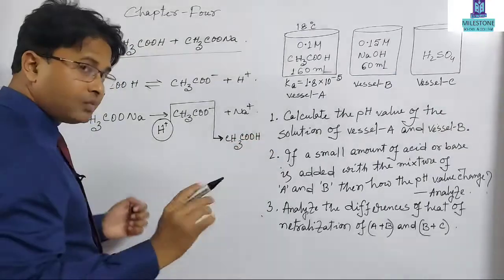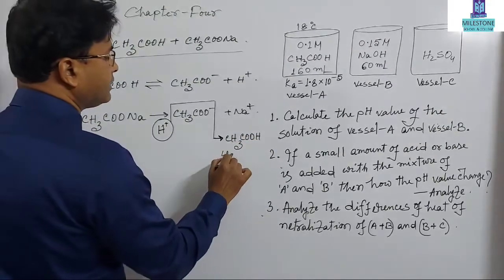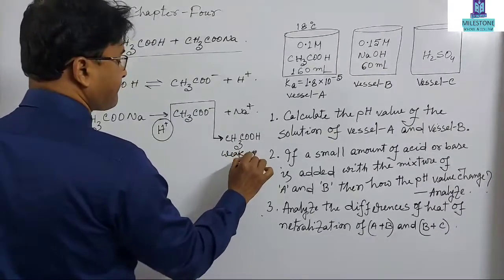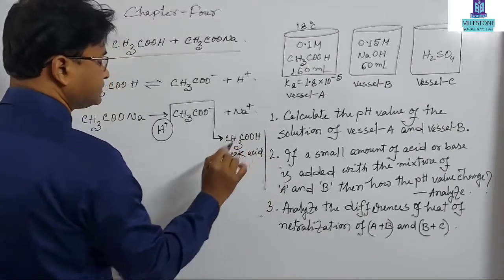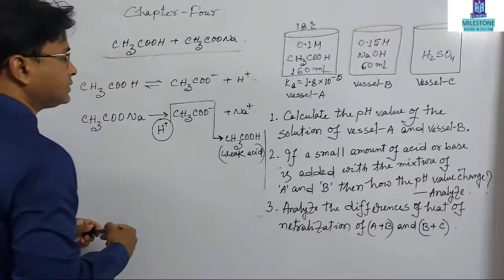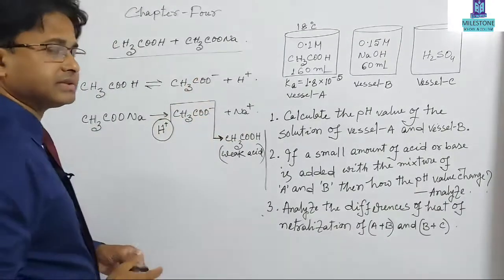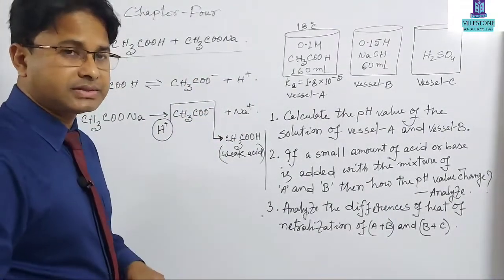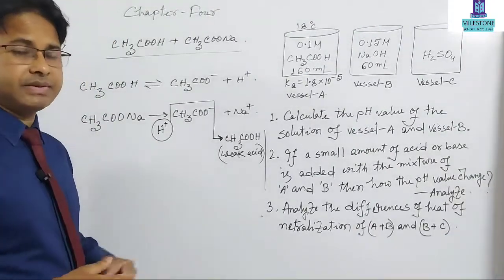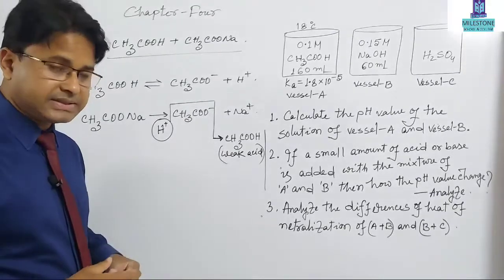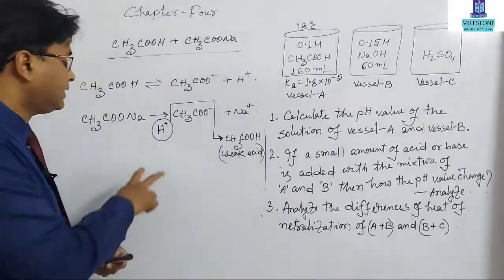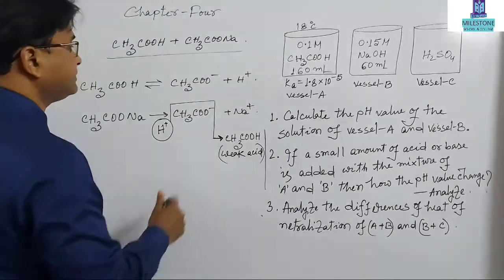Ethanoic acid is a weak acid, that's why it remains unionized, and due to the common ion effect, ethanoic acid is also unionized. As a result, the pH value of the acidic buffer solution remains unchanged after a small amount of acid is added.